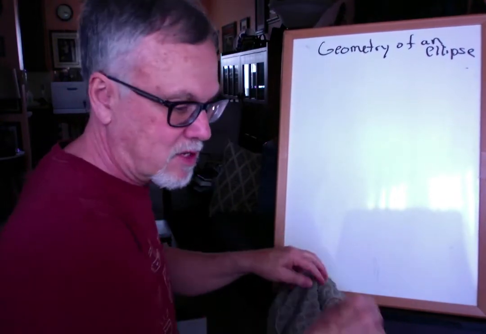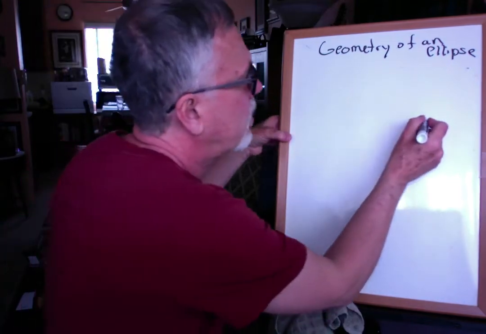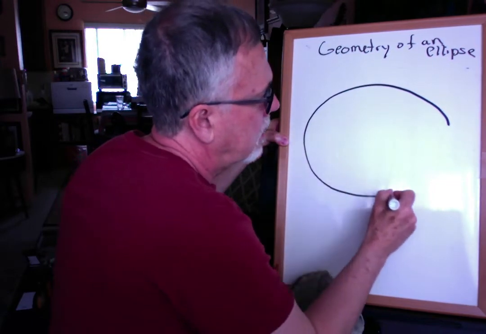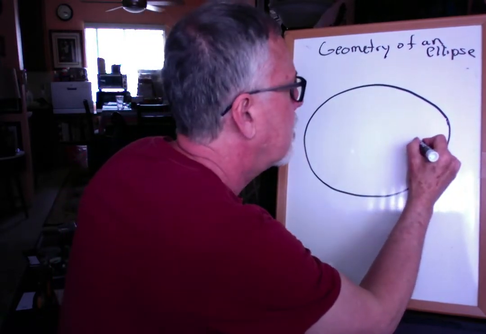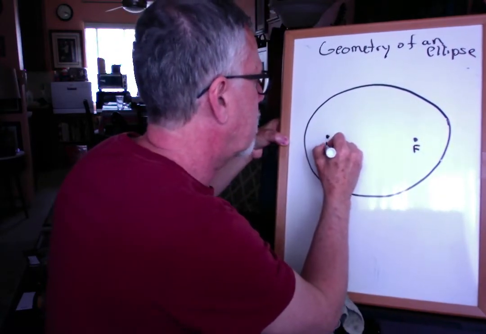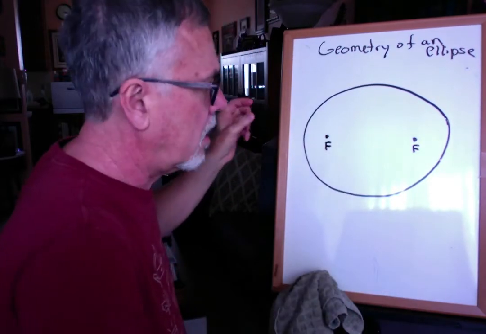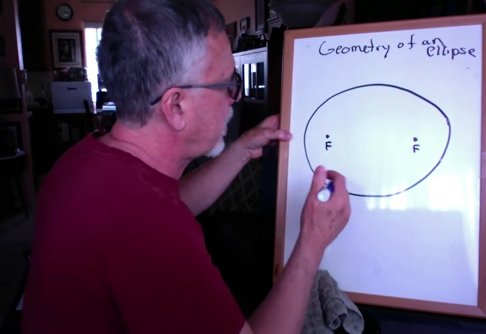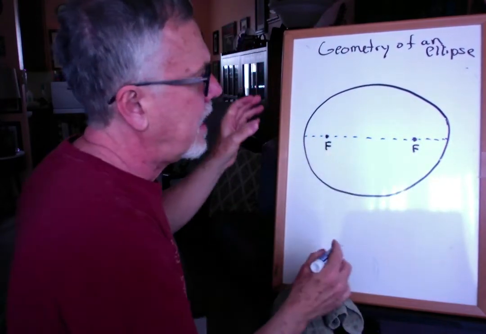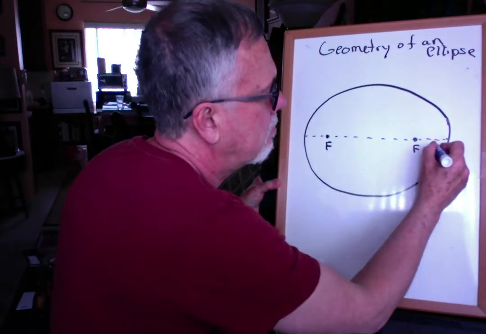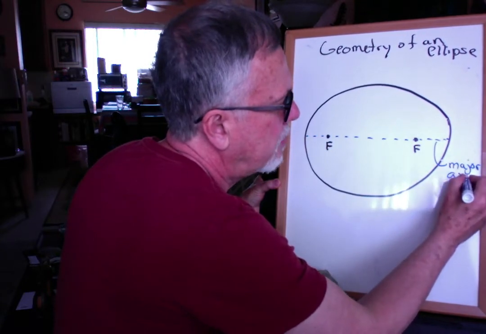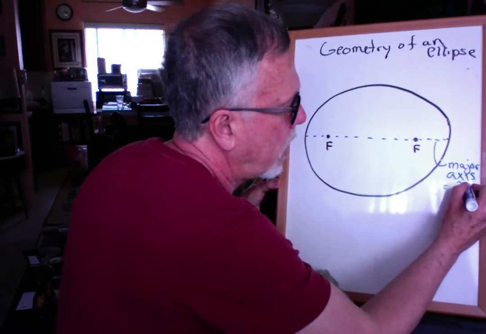So let's go ahead and look at this. Again, here is my elliptical shape. Here is one focus, and here is the second focus right here. If I draw a line through both foci, that makes what is known as the major axis, and remember, it has a length of 2a.